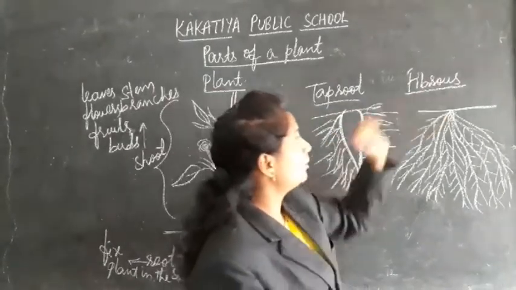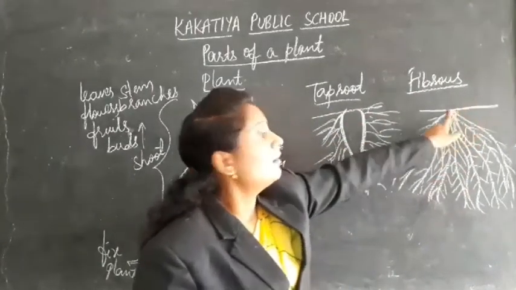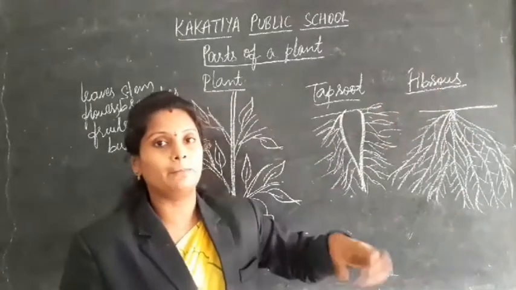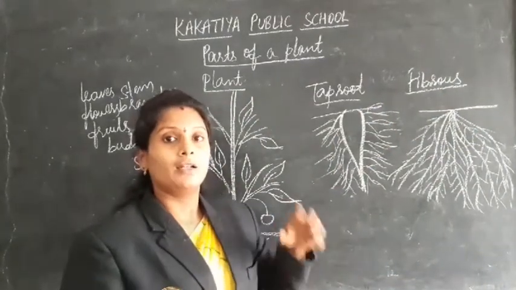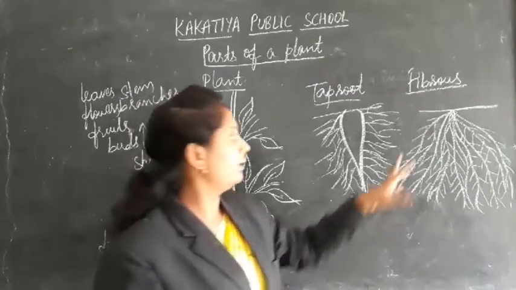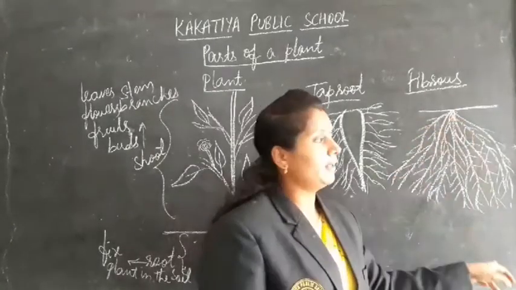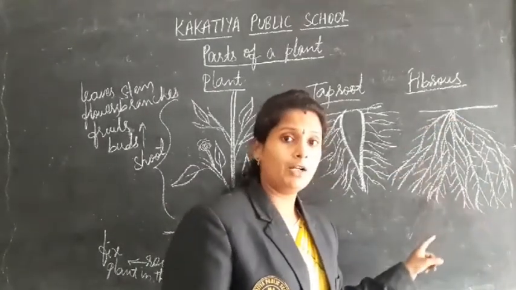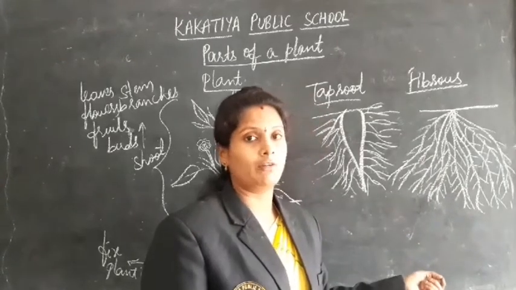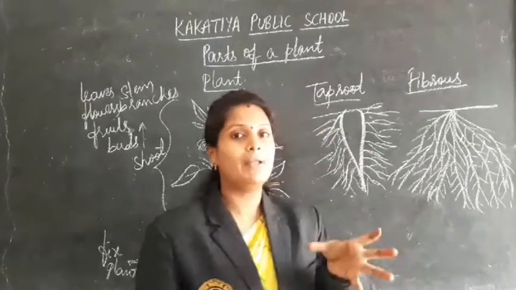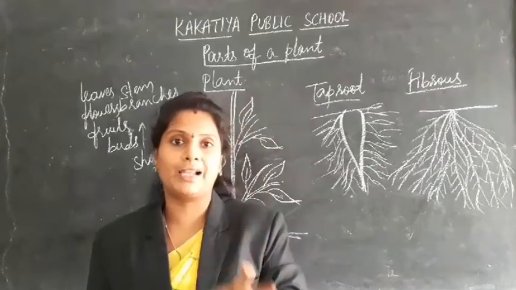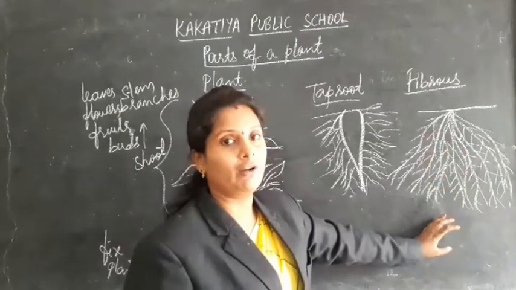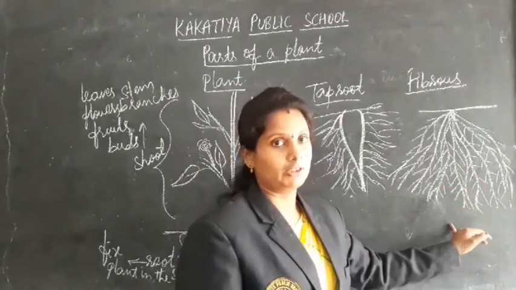Coming to the fibrous root system, here from the end of the stem a number of roots arise together, and from those roots again some other roots come. It is like a bunch, group, cluster of roots; we call it a fibrous root system.